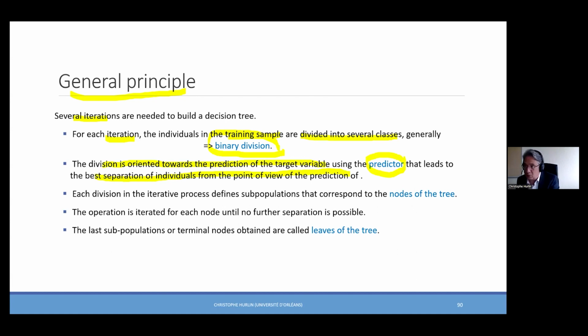I can put a threshold like 1,000 euros, 2,000 euros, etc. I choose the predictor, so the variable and the threshold value, such that I get 2 subsamples or 2 subdivisions in which the individuals are homogeneous with respect to y. Okay, and the idea is to increase the homogeneity at each step, to increase the homogeneity of the individuals with respect to the target variable.